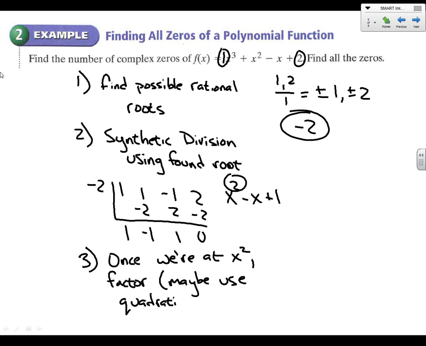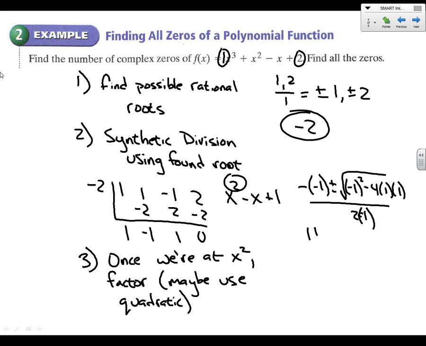So let's go ahead and do that. And in this case, we do have to use the quadratic. There's nothing that multiplies to 1 and adds to -1. So our quadratic, -b plus or minus square root of b squared minus 4ac all over 2a, which is 1.